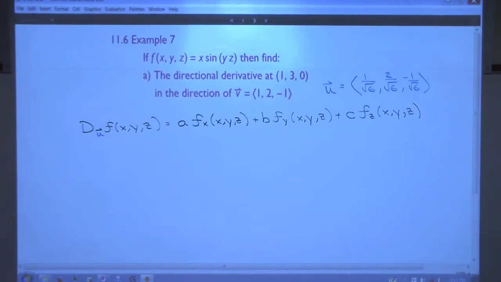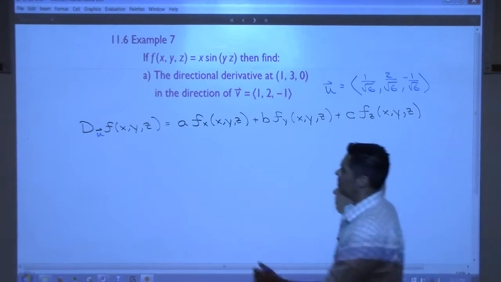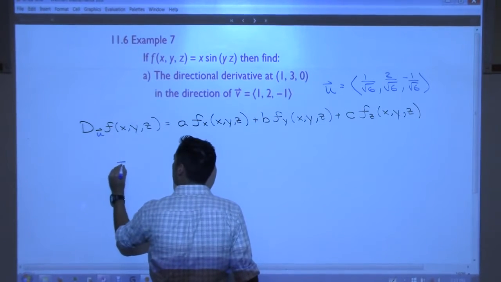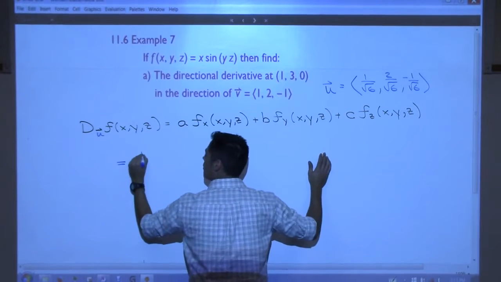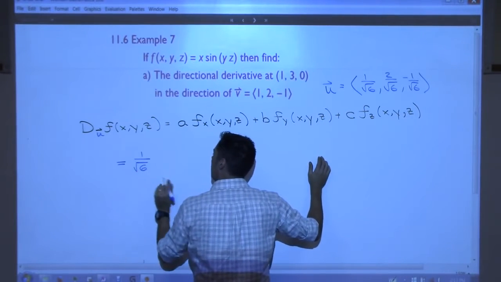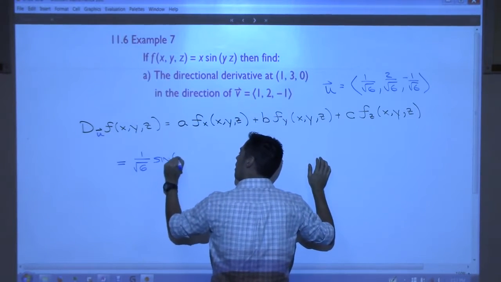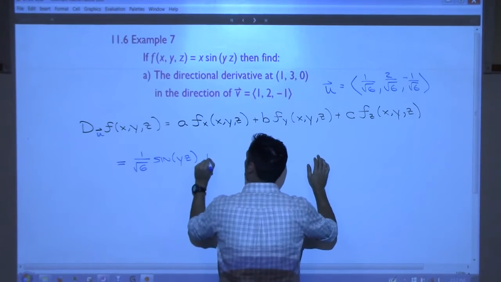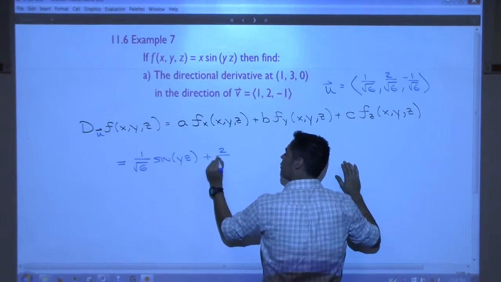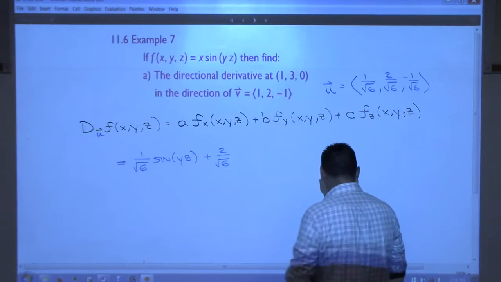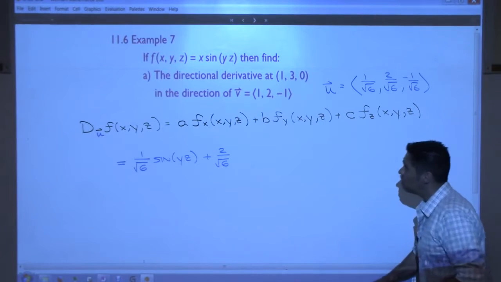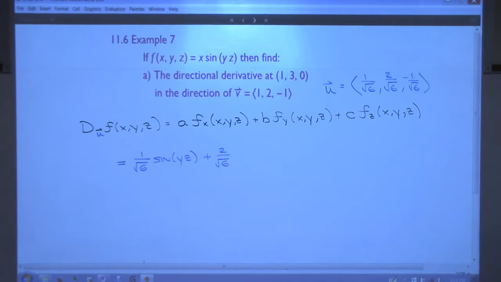Then I need partials. That's going to be pretty easy, I think, hopefully. Let's go ahead and start writing this down. A is 1 over root 6, and partial of f with respect to x is sine yz. Then I have plus b, which is 2 over root 6, and then partial of f with respect to y, which is x cosine yz times z.